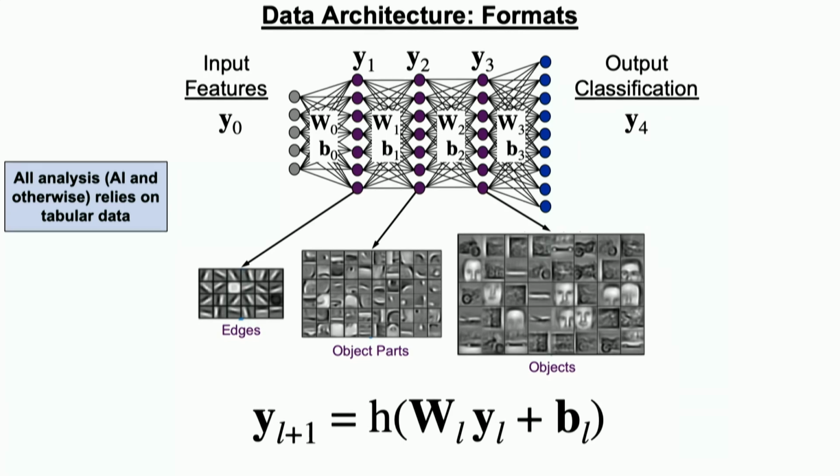In one slide, you have the picture, you have the input features, which are shown in gray dots, you have the output classifications that are shown in blue dots, and then you have the neural network and all their various weight matrices or weight tables in between. If you had one goal in terms of understanding AI, make a commitment to understanding this one slide, and you pretty much understand a good fraction of the entire field.